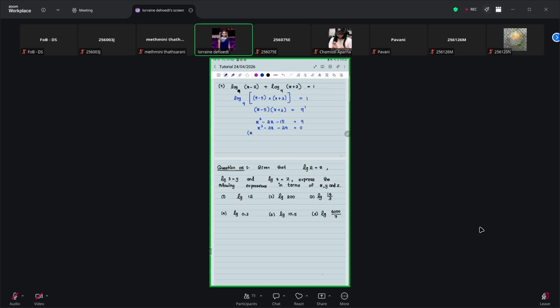Now when you get the factors like this, then x equals 6 or x equals minus 4. Minus 4. It's okay. Is this the final answer?